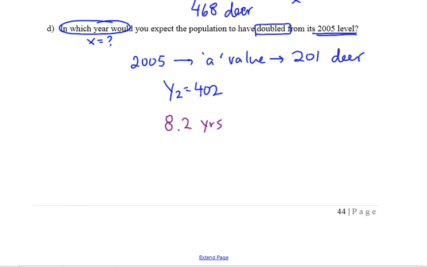So it's 8.2 years later. So what year would that be? In the year of 2013. Add the 8, just add to the 2005. So early in 2013.